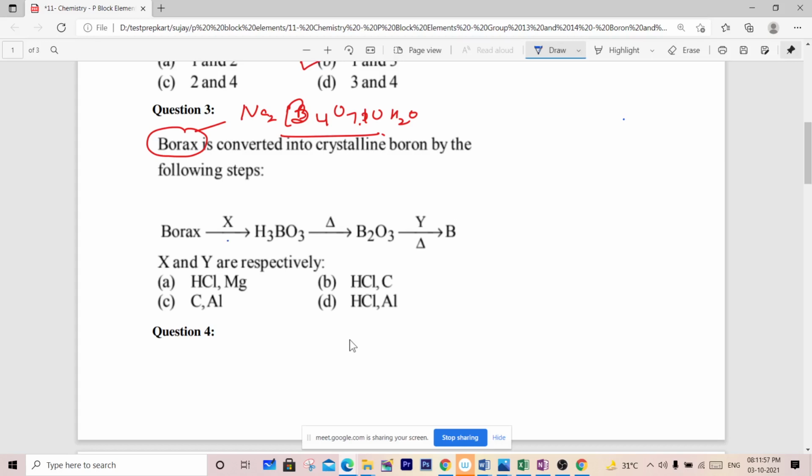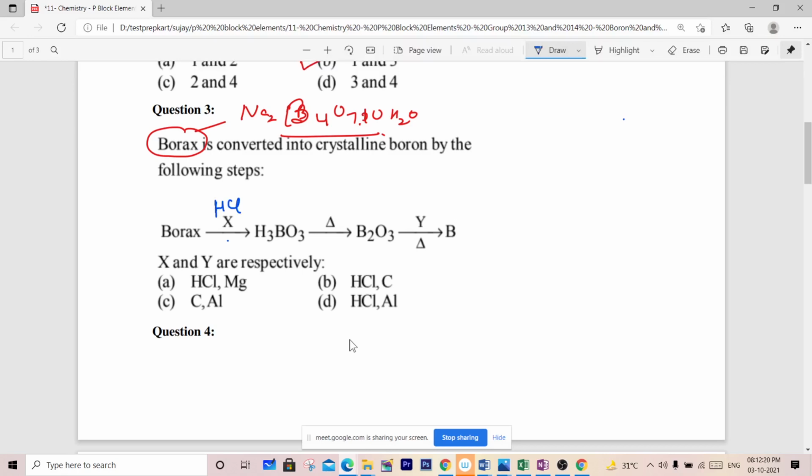What should I add so that it becomes boric acid, H3BO3? We should add HCl, hydrochloric acid. It will become boric acid.